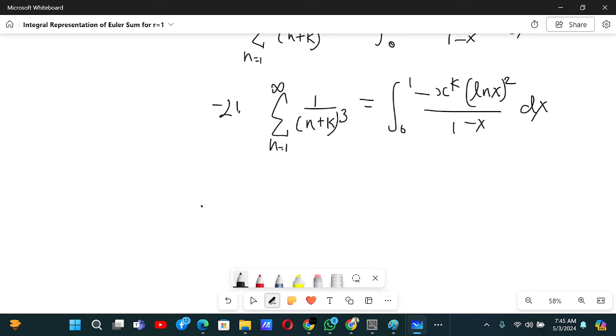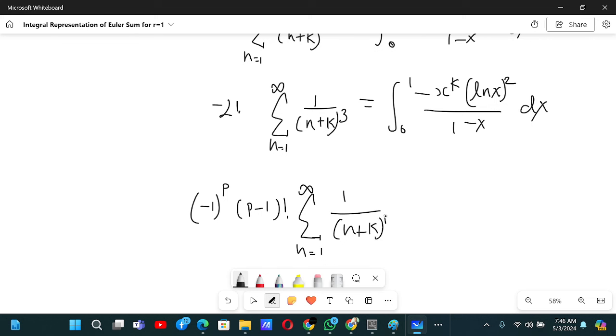So in the (p minus 1)th differentiation we will have minus 1 to the power p, times (p minus 1) factorial, times the sum from n equals 1 to infinity of 1 by (n plus k) to the power p.